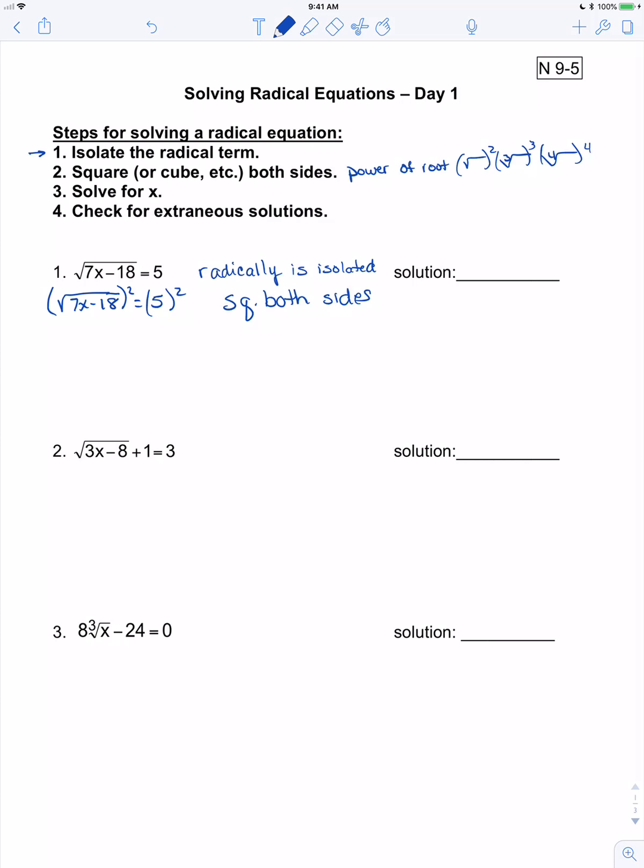Well, when I square the square root of 7x minus 18, remember that takes it out from under the root sign and just leaves me with 7x minus 18. When I square 5, I get 25.